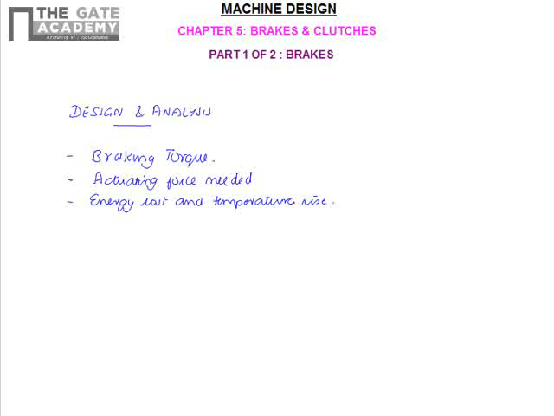Now we will come to mechanical brakes. In mechanical brakes, there are basically two types. One is the drum brake, one is the disc brake. In this chapter on brakes in machine design, we will be dealing with the design and analysis of drum brakes.